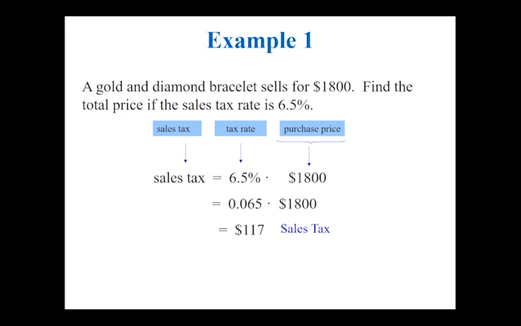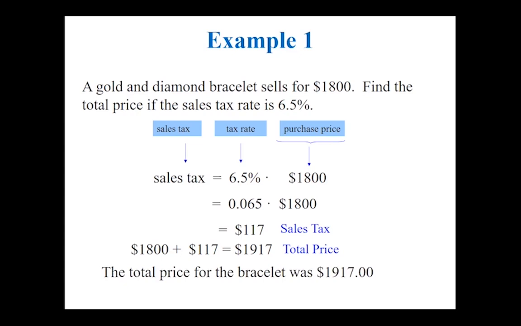So not only are we buying this $1,800 bracelet, we have to pay $117 in tax. So what's the total price? We add them together. 1,800 plus 117 is $1,917. The total price for the bracelet is $1,917.